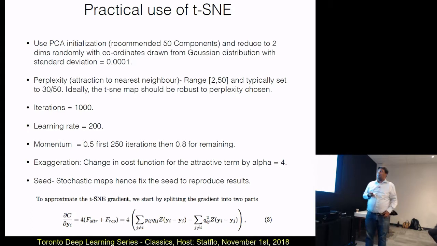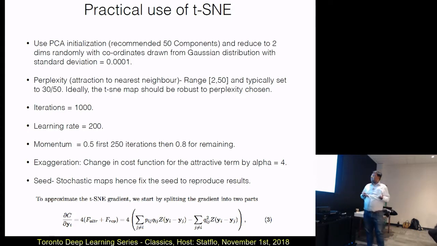The value sigma that I was telling you is in certain cases chosen to be 0.0001, so 10 to the power minus 4. The perplexity term has an intuition which only gets clear if you read this last paper that I was looking at. It says that it's related to the attraction to the nearest neighbor.